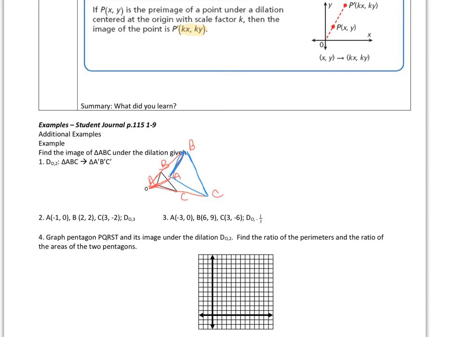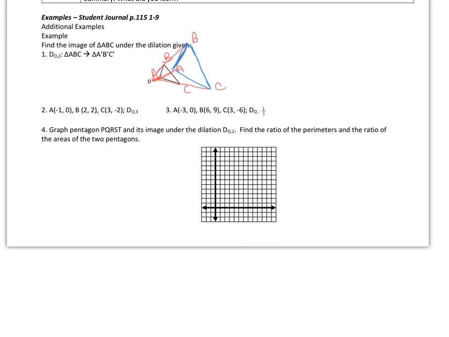All right. Let's take a look at the next example and see if we could come up with these points. It says A is at (-1, 0), B is at (2, 2), C is at (3, -2). We need a dilation about the origin by a scale factor of 3. So let's determine what the new points are.